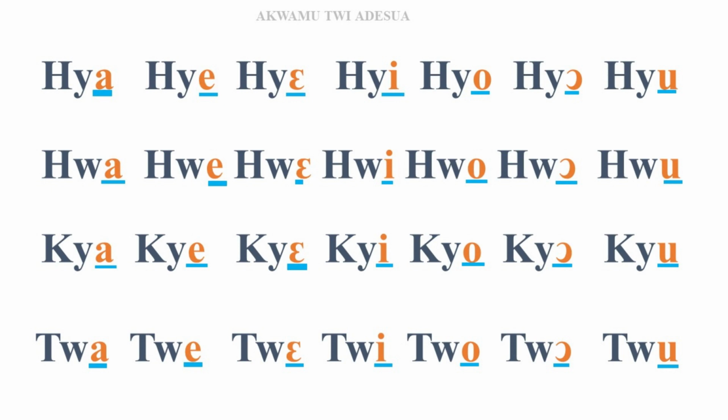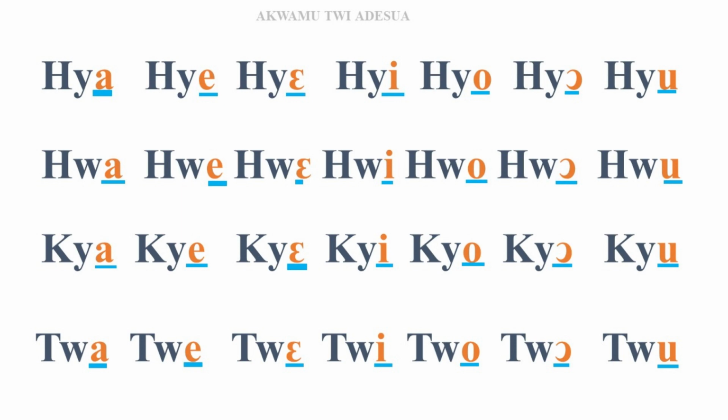So when we add the vowel sound a to the ch, we'll get cha. When we add the e, which is the inverse of 3, we'll get che. And when we add the vowel sound e to the ch, we'll get chi.